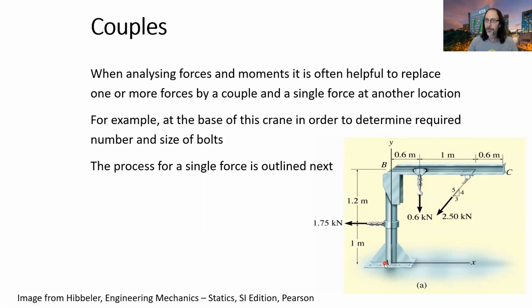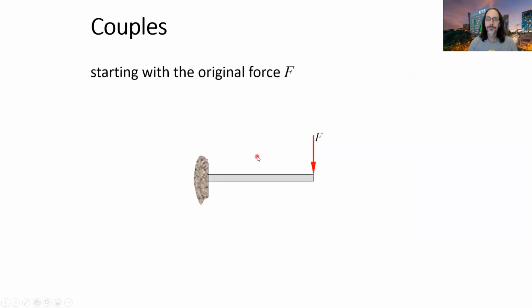Right, so if we keep it really simple and look at the process by which we do this, we start with just an original force F, okay, applied to some beam that's supported. So similar to here, what I had, we've got supported at one end and we're applying a load at the other end.